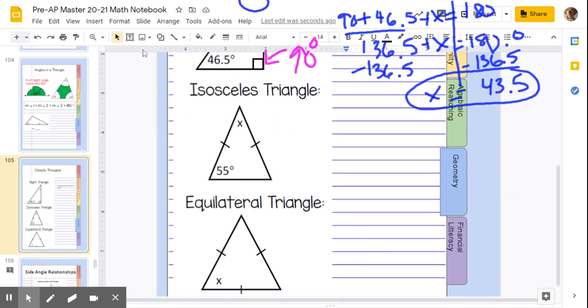The next type of triangle that we have here is called an isosceles triangle. An isosceles triangle is a triangle that has two congruent sides and two congruent angles. You've probably heard the word congruent before. What this word means is that they're equal.